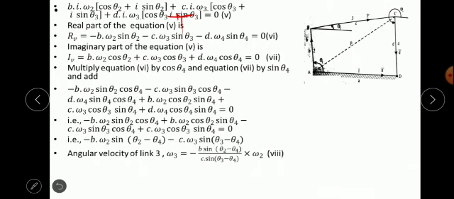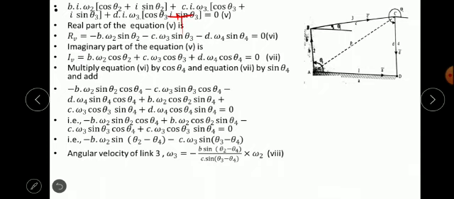Multiply equation 6, the real part of the equation, by cos theta 4 and equation 7 by sin theta 4 and add. This is the procedure.